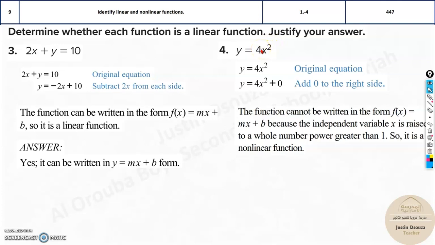You can just tell it's not linear because the degree is more than 1. So, no, the exponent of x is not 1. The exponent means the power or the degree. It's not just 1, it is more than 1. So, it cannot be linear. It's a non-linear function. That's it. Another simple and easy topic.